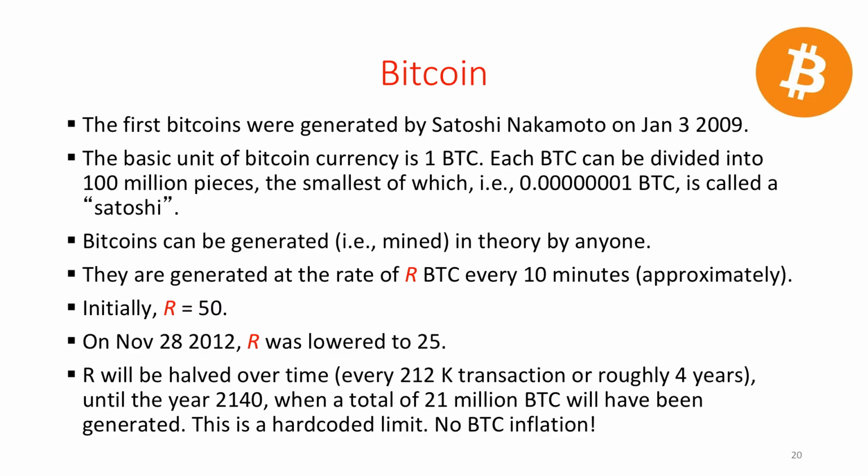They generate it at the rate of about 1 Bitcoin every 10 minutes, but they were lowering this all the time. The idea is to avoid inflation. In 20 years, the total number of Bitcoins will be 21 million, and they cannot be generated anymore. These are hard-coded constants in the whole process.